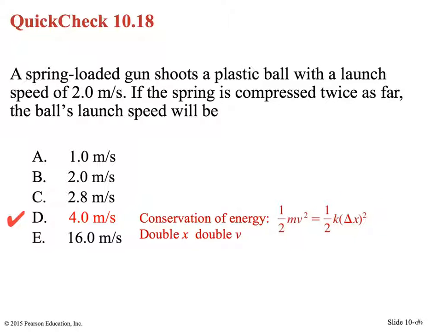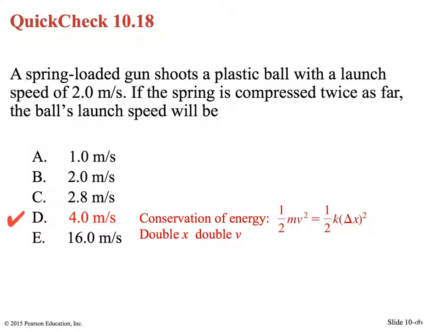Okay, so if my change in x, this number doubles here because it's squared, my velocity is going to double because it's squared as well. The mass didn't change, so by changing my distance moved, it's going to change the velocity. So if we start with 2 meters per second, doubling the change in the spring will double my velocity.